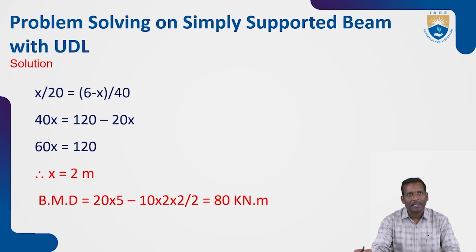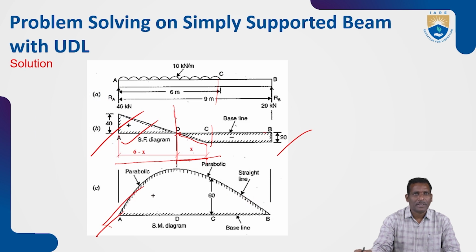Take similar triangles: X by 20 equals 6 minus X by 40.